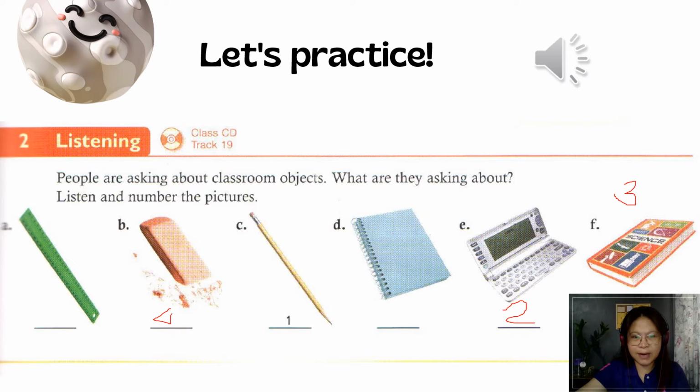Is this your ruler? 6. Do you know where my notebook is? Okay, this is just an easy task. Okay, let's listen again.